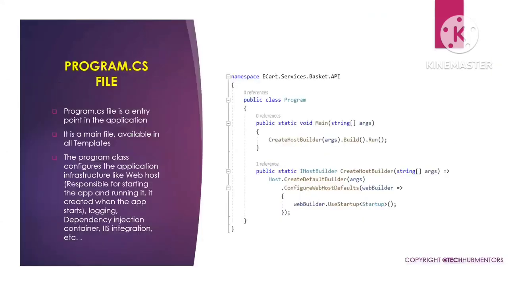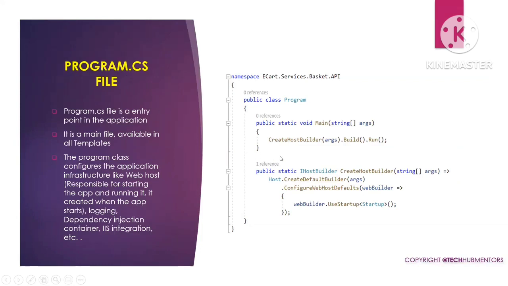Okay. So we come to the program.cs file. As I told you, the program.cs file is the main entry point of the .NET Core application. It's a main file available in all templates. Whether you create a web application, console application, or any other application, program.cs is a common file available in all the templates.